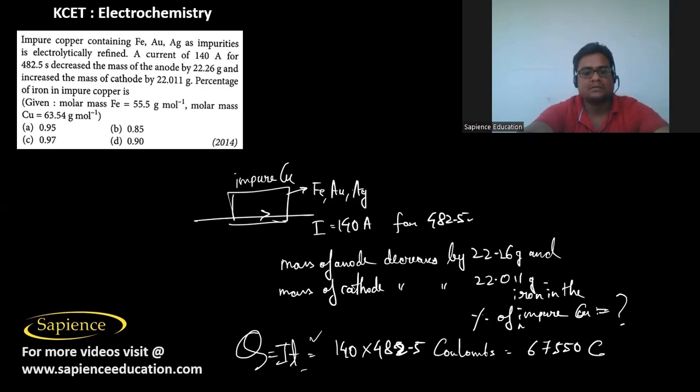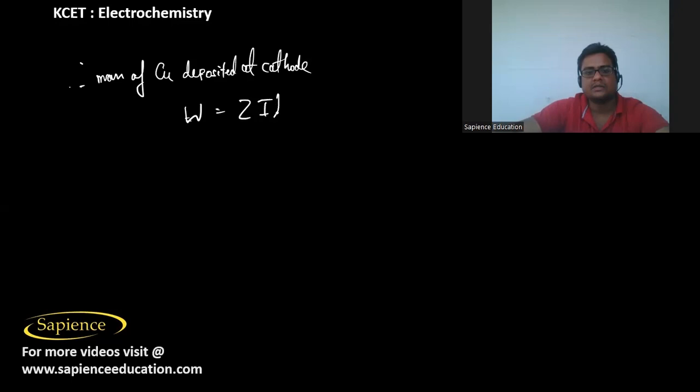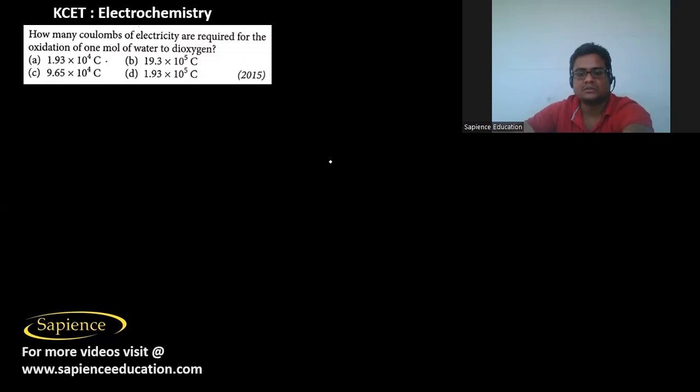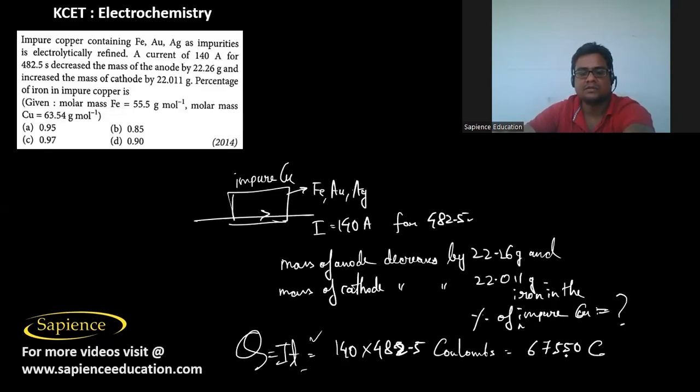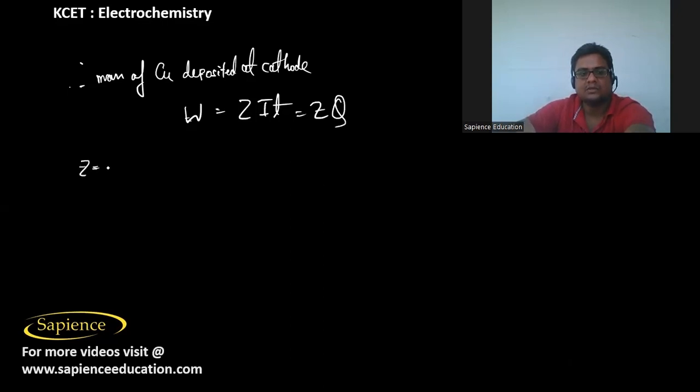Therefore the mass of copper that will be deposited at the cathode is W equal to Z into Q. Here the charge Q is 67550 coulomb, and Z is the equivalent weight of copper, which is 63.54 divided by 2, into 1 by F, which is 96500.